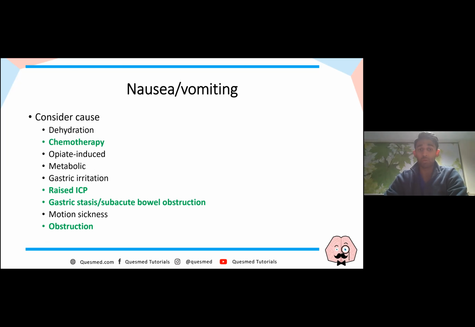So nausea and vomiting, very common. I've just highlighted in green the most common reasons. So chemotherapy, as we discussed earlier, raised intracranial pressure, for example, from brain metastases, gastric outlet obstruction, and just in general bowel obstruction. These are all different mechanisms that produce nausea and vomiting. And this is really important because it will guide the choice of your therapy.